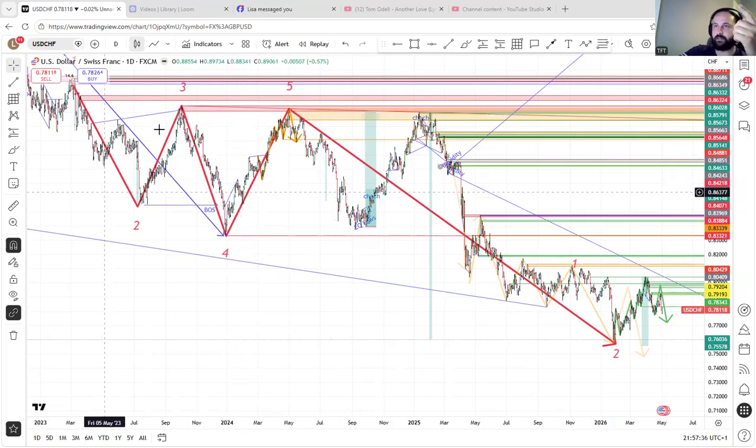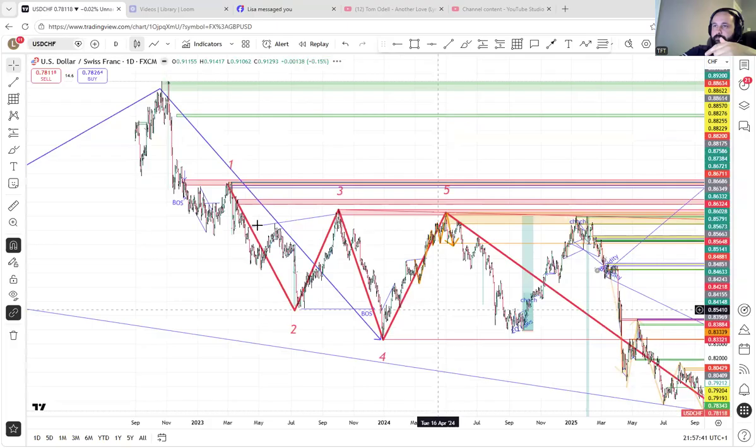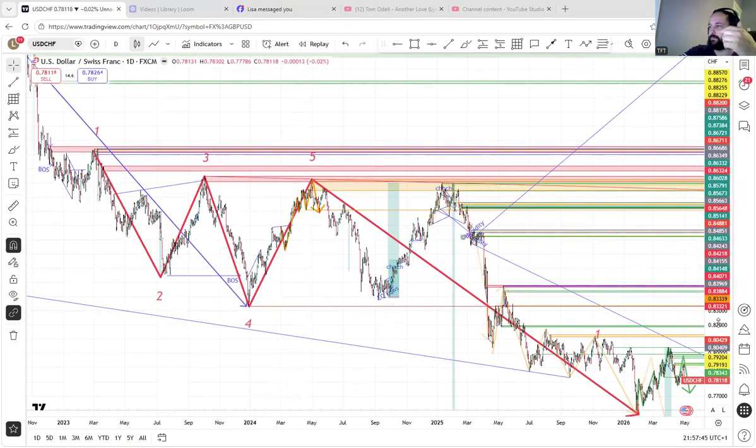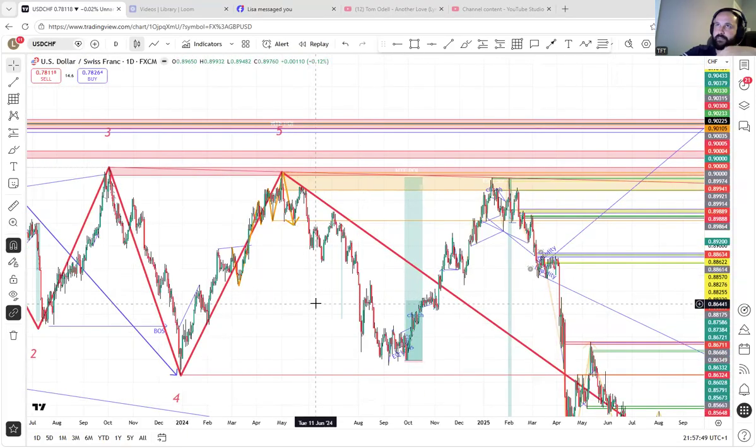So we can see USD CHF is bearish on my 4 hour. When I say the green makes up the orange makes up the red, that's the 15 makes up the 4 hour. It's just signals, that's all it is. So we get 15 minutes that make up the 4 hour legs.